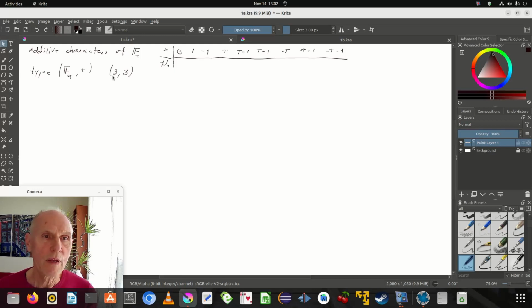So the type is 3, meaning 0 must of course map to unity, and then this could map to, say, the square root of -1 in the second quadrant, or its conjugate, and then -1 plus 1 gives 0, so the product of these must give unity, meaning it must be its complex conjugate.